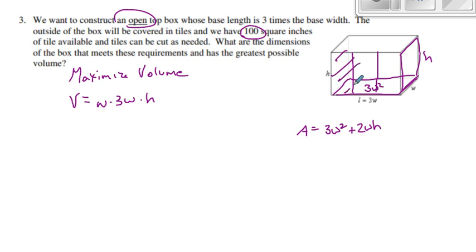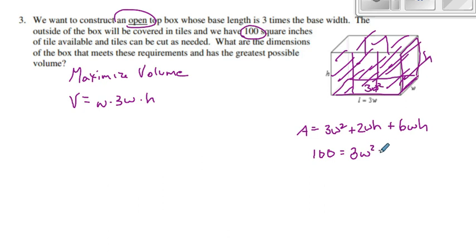So you can see that there's 3 here, and then another 3 back here, for a total of 6WH on the front and back. And that area is limited to 100. And so we've got 3W squared plus 8WH.